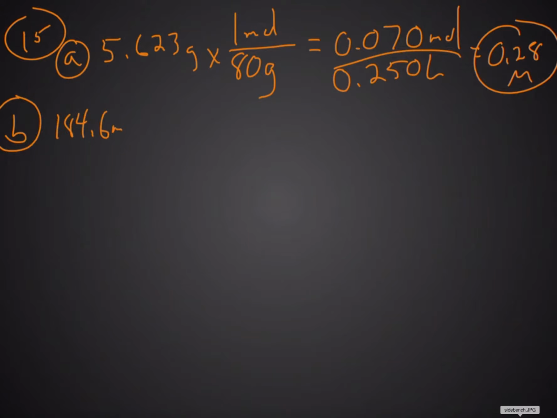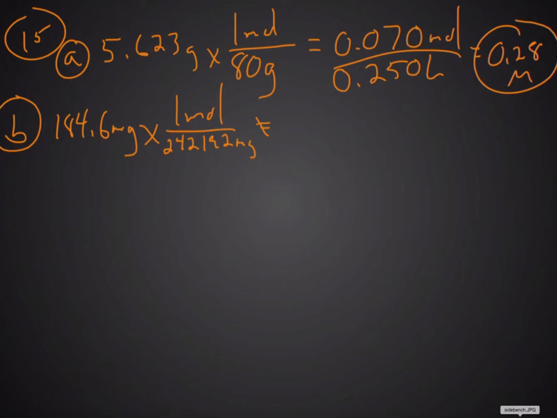Part B, we have 184.6 milligrams. You can convert that to grams if you want, just make it 0.1846. Or the alternative is when you calculate the molar mass, you just make it in terms of milligrams, so it would be 242,192 milligrams.